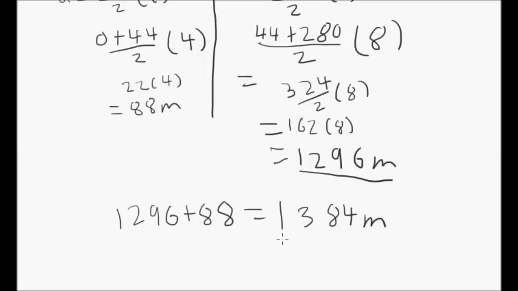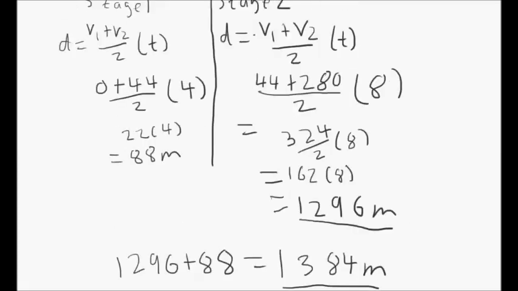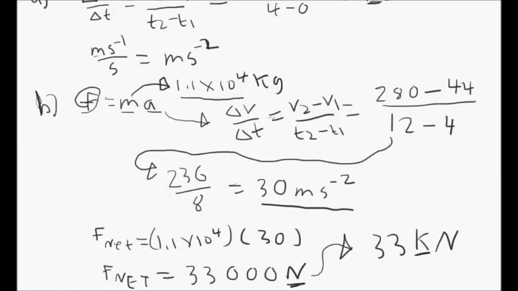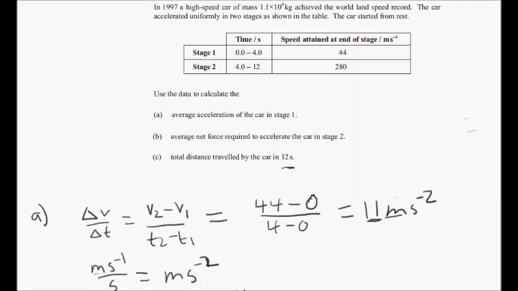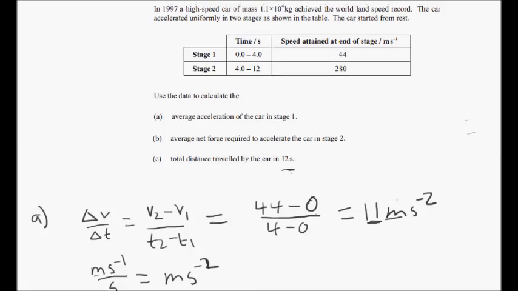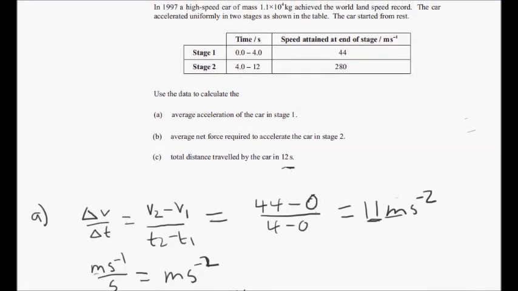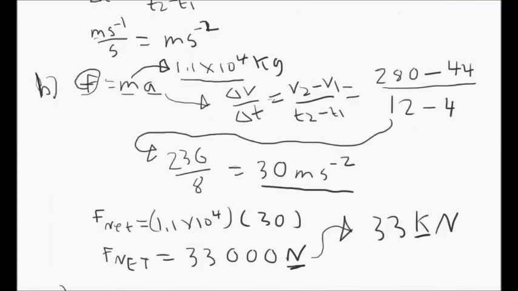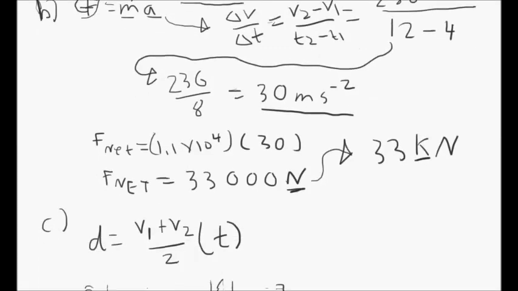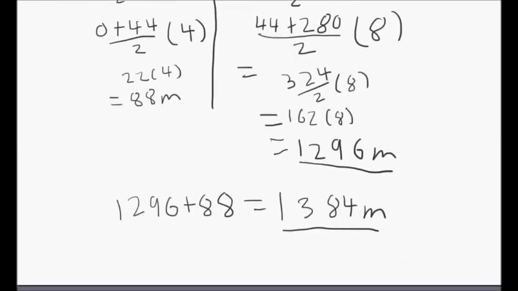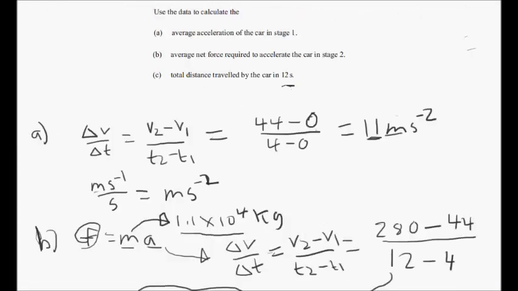And that is the final answer for C. As you can see, this stuff is pretty simple. The hardest part of these types of questions is understanding what the question is asking and what formula to use. After you know that, it's simply plugging in the variables and using very simple math to solve for them. And there you go.